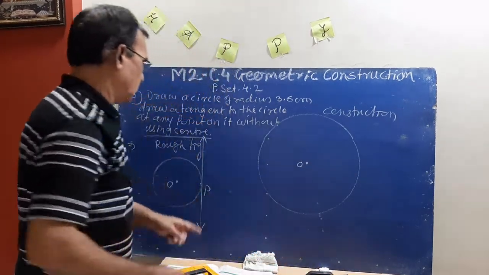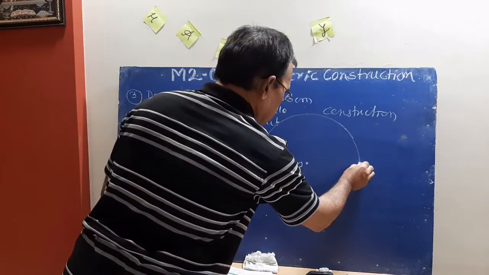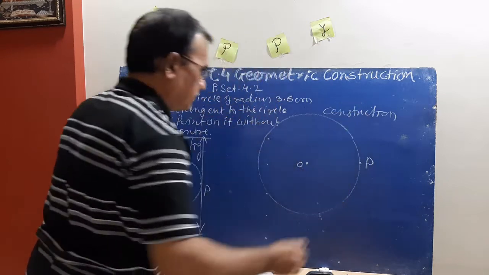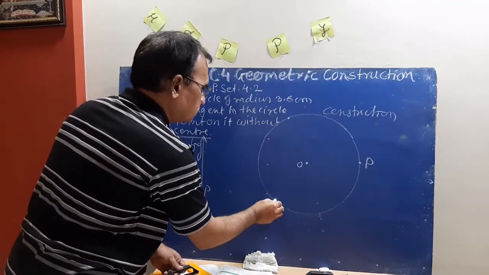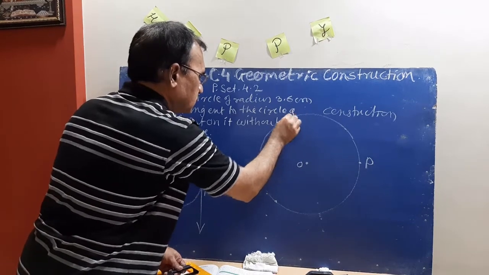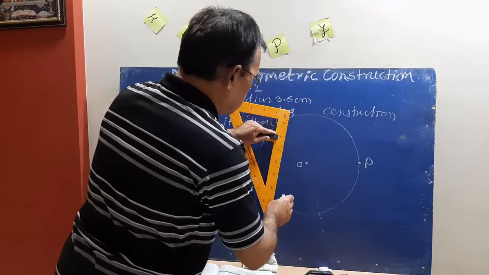Now, point P is on the circle. Then take another 2 points on the circle, Q and R. Join these points and make a triangle.